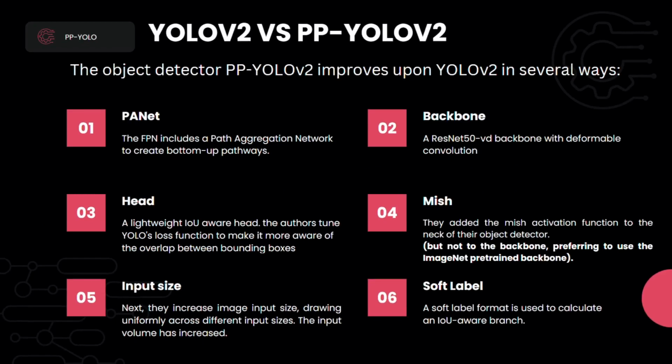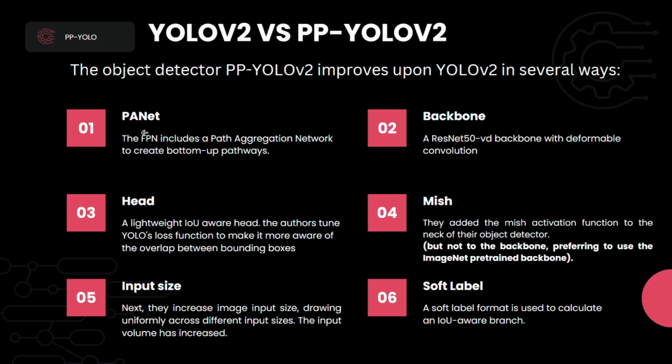So now let's compare the difference between the YOLOv3 and PP-YOLOv2 models, since the object detector PP-YOLOv2 improves upon YOLOv3 in several ways. The first one is by introducing a path aggregation network. The FPN, as we talked about in a previous video, includes a path aggregation network which was introduced in the YOLOv4 architecture to create the bottom-up pathways.